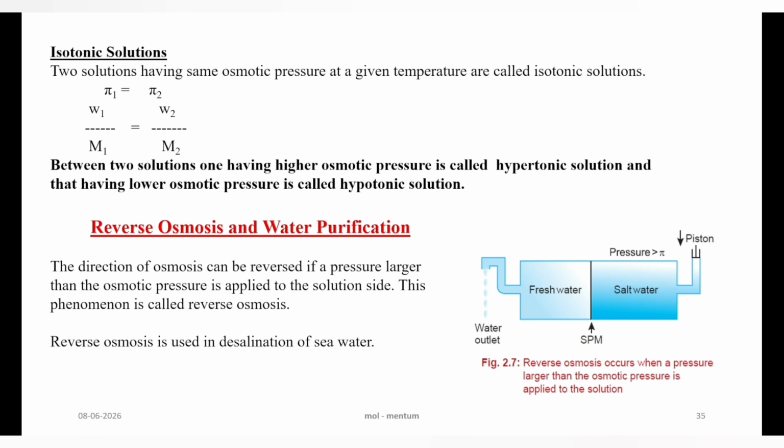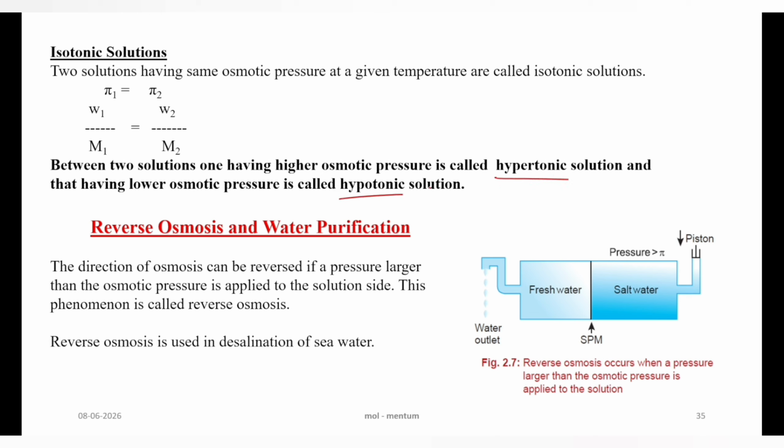These are the basic definitions that we should know. Isotonic, because one numerical is based on this definition. What are isotonic solutions? The word iso means same, and the word tonic comes from osmotic pressure. So two solutions having the same osmotic pressure at a given temperature are called isotonic solutions. There are also the terms hypertonic and hypotonic.